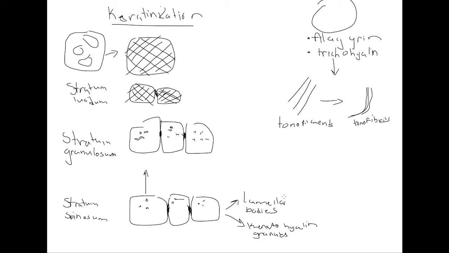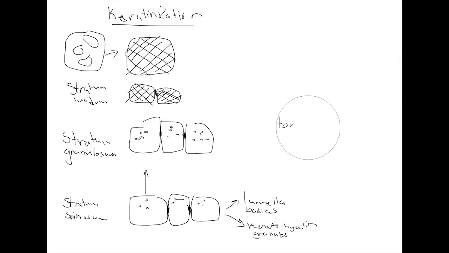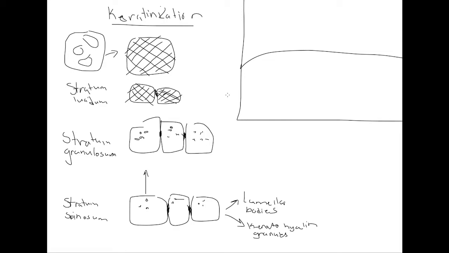Now, what do lamellar bodies do? Well, I'll make some space over here. I need to draw a diagram. So this is an alive cell, so probably in the granulosum. And this would be a dead cell, or keratinized cell. So this is a keratinized cell.